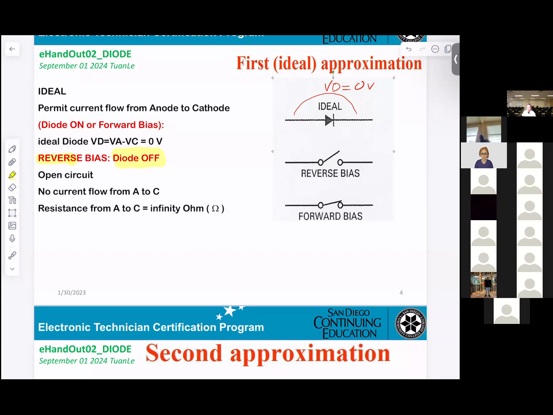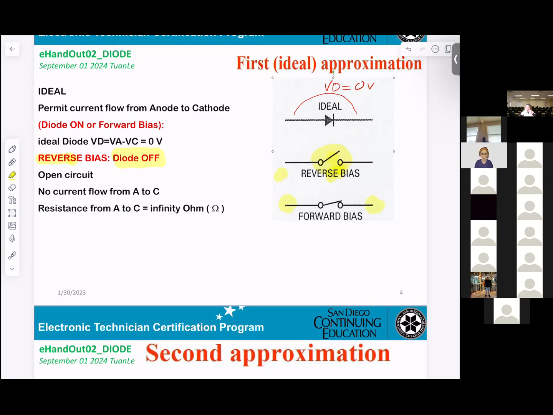The diode will be open, which means no current flowing from A to C. Open circuit. And this is forward bias.